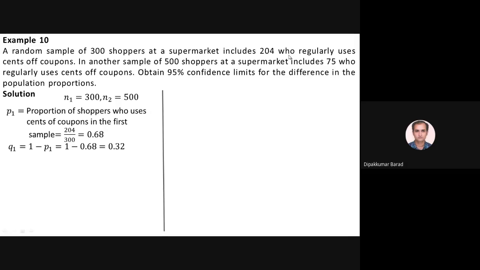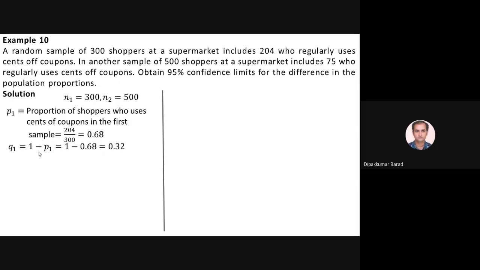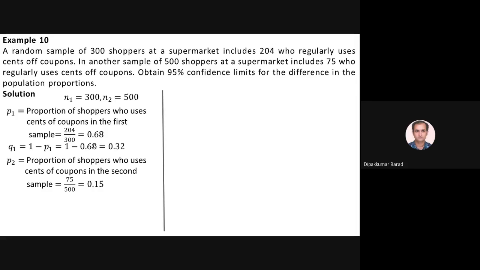In the previous example it was given directly from the population. Small q1 is 0.32, and small p2: 75 out of 500 shoppers in another sample regularly use the cents-off coupon. So out of 500, 75 use the coupon, so small p2 is 0.15.